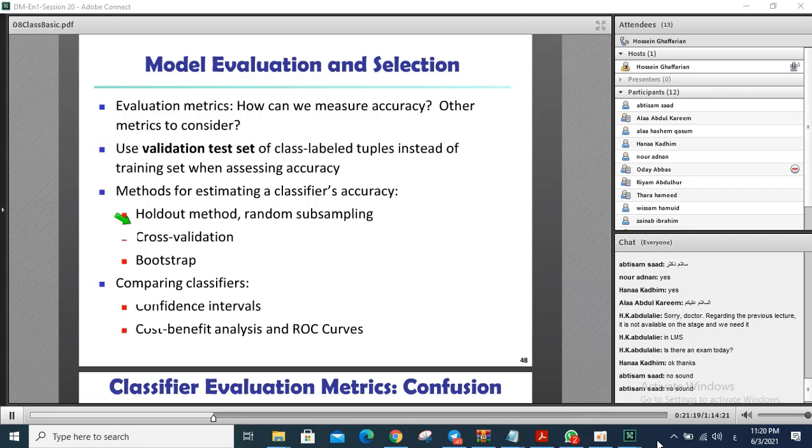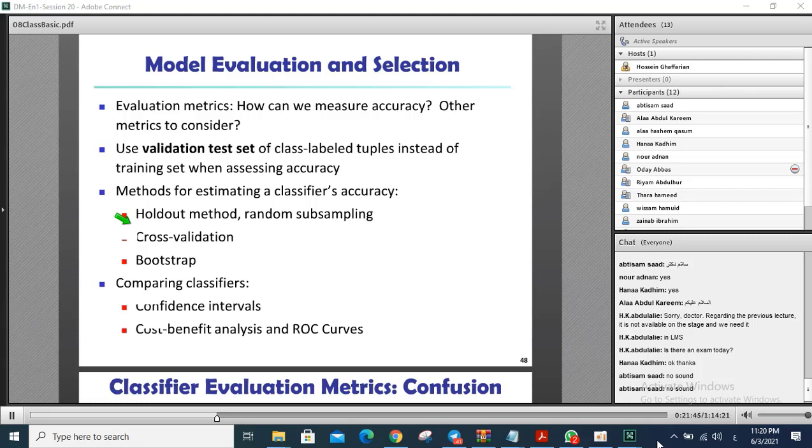Here, firstly, we should talk about some related methods and algorithms related to measuring the accuracy.